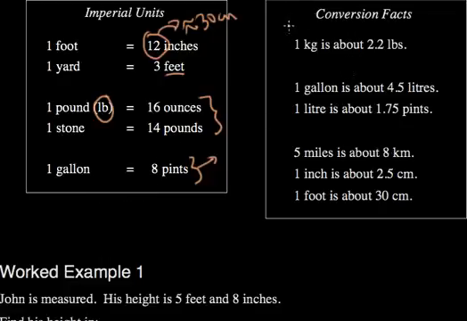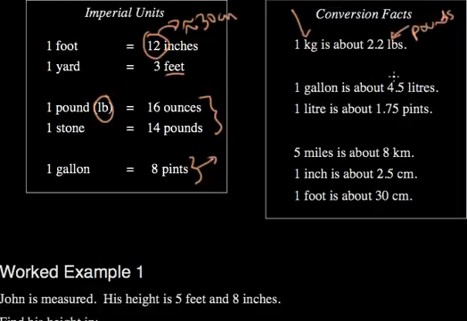This is a conversion now between the imperial units and metric units. So we would need to know that 1 kilogram is about 2.2 pounds. LBS is pounds. 1 gallon is about 4.5 litres.